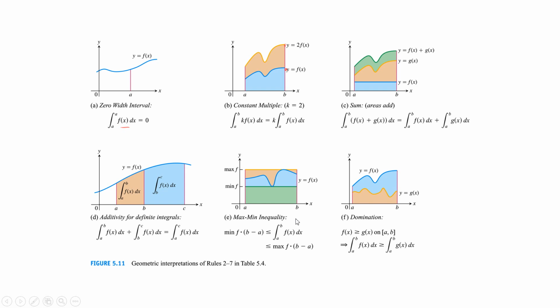Now the maximum minimum inequality, this is quite interesting. This is the function and it has a maximum value and a minimum value. So this is the maximum value of the function, this is the minimum value of the function. Actually, the area under this curve is less than the area of the upper rectangle, and the area under this curve is greater than the area of the rectangle in green color.